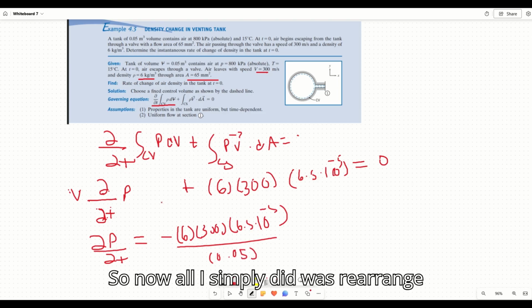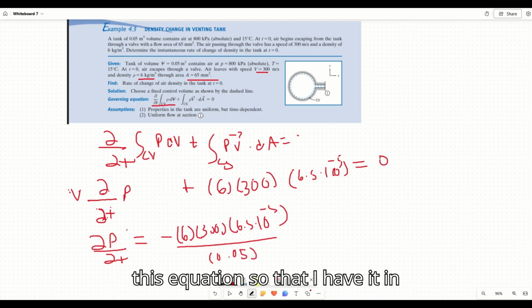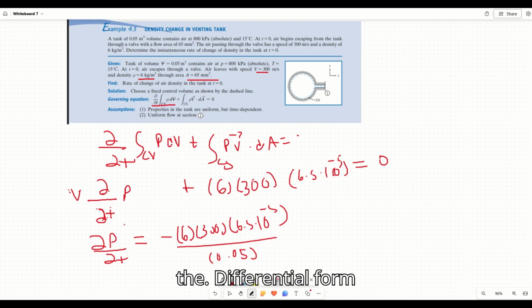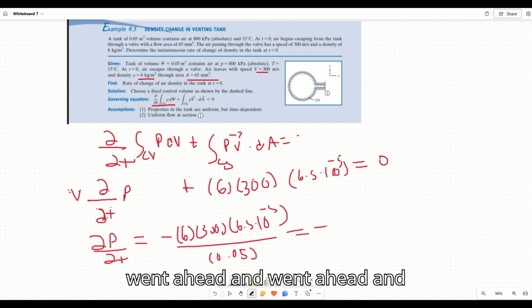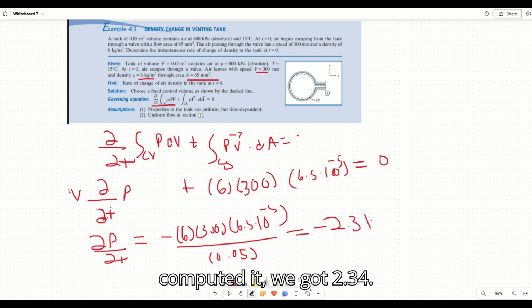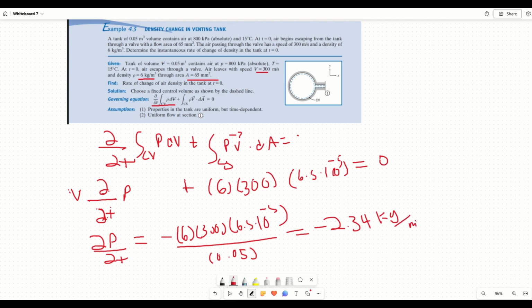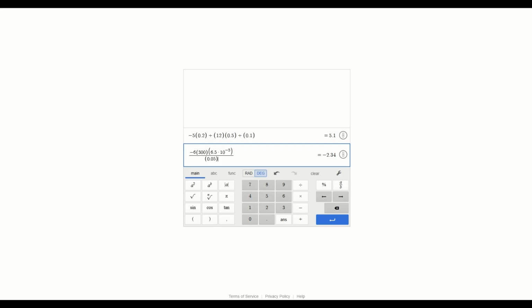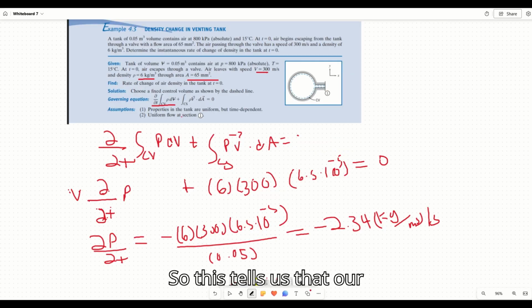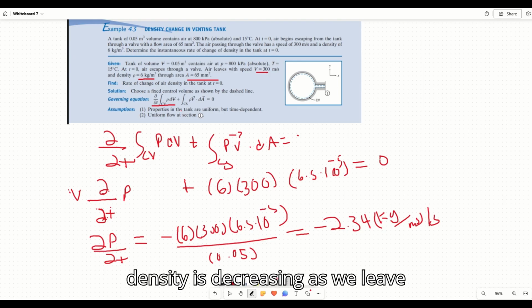So now all I simply did was rearrange this equation so that I have it in the differential form of density. I went ahead and computed it. Got 2.34. So this tells us that our density is decreasing as we leave the tank.